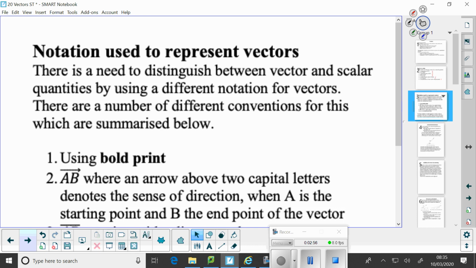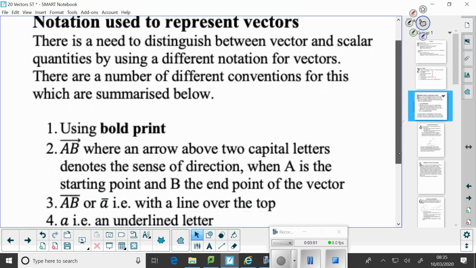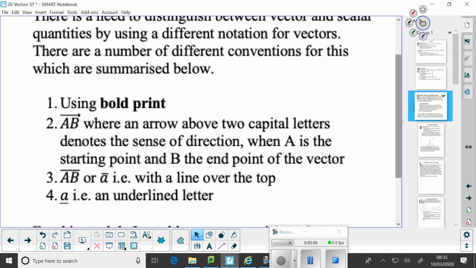You'll find a number of different conventions used in textbooks and online that include using bold print for vectors; an arrow across the top, so it's the vector between point A and point B, where point A is the starting point and point B is the end point of the vector; an arrow, or a simple line across the top, of vector AB, or just vector A with a line over the top; and lastly having an underlined letter.